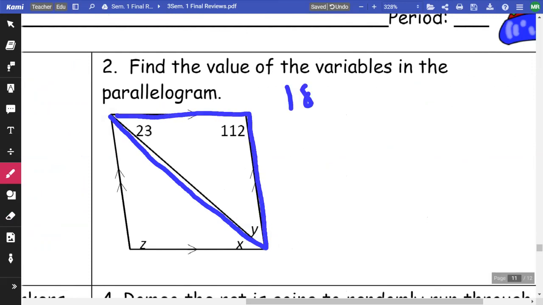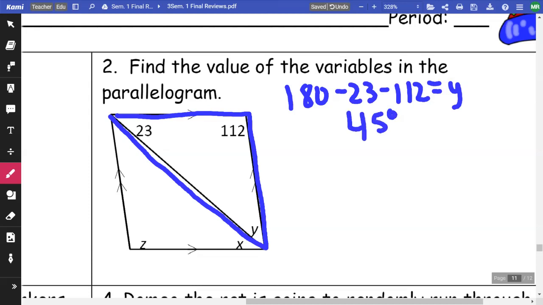I'm going to go 180 minus 23 minus 112 is equal to y. And 180 minus 23 minus 112 is 45. So this is going to be 45 degrees is my y. Okay, so now I know that this is 45.